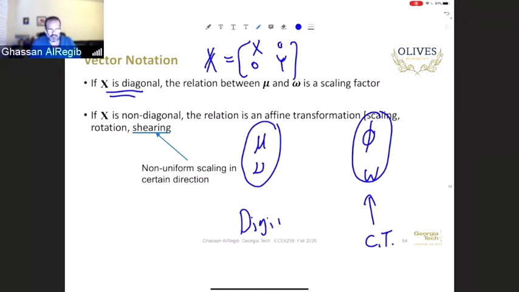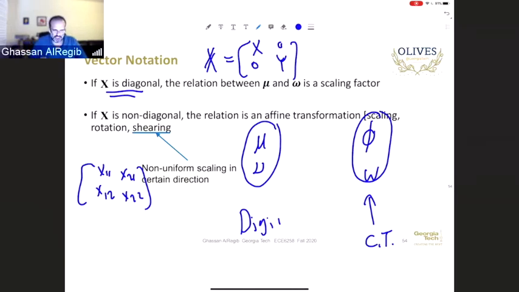If it's not only diagonal, if these are not 0, like x11, x12, x21, and x22, none of them is 0, then what we have is more of an affine transformation. So I'm doing scaling and rotation and shearing, as we have seen in the examples of the hexagonal case.